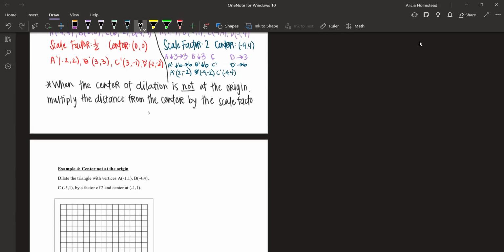So again, now we're multiplying the distances rather than the points themselves.